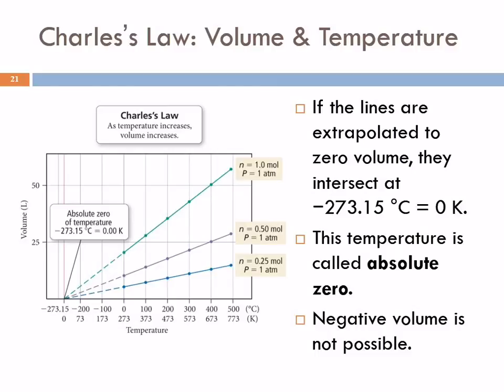But that's where this 273.15 came from. Negative 273.15 degrees Celsius is equal to 0 Kelvin. We call that absolute zero. Can't go past that. Zero volume is highly questionable. Negative volume is impossible. So that is the lowest temperature.